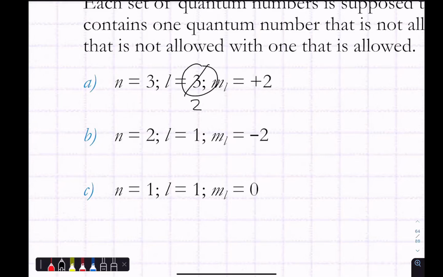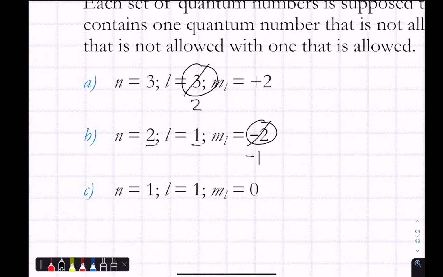What about in B? Yeah, so if we have 2, that means we can have 0 and 1, so that's fine. And this one's fine. But if we have l equals 1, that means we can have -1, 0, and +1. So what's a possible number that this could be?